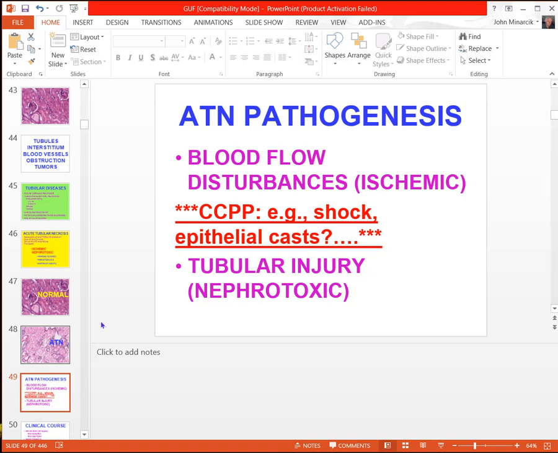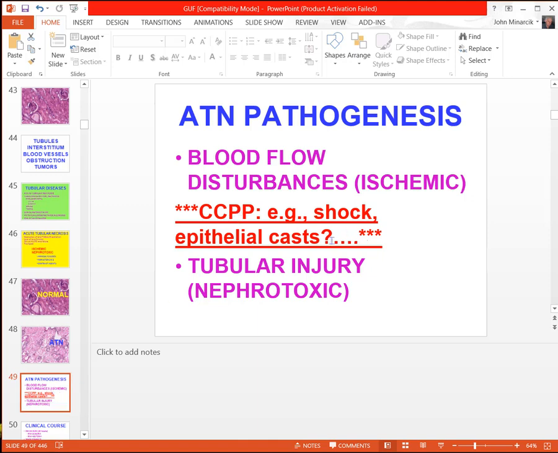Why would you see an epithelial cast in the urine of a patient with shock? It's because he probably has tubular necrosis. So in tubular necrosis, very closely linked to shock, where there's lack of renal blood flow, those tubules are necrotic and could be sloughed off into the urine.